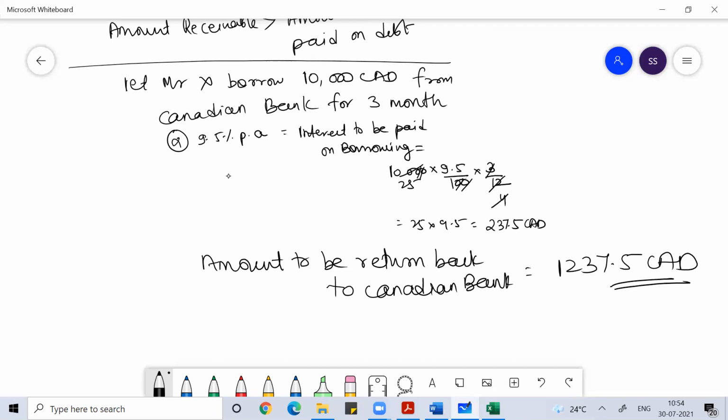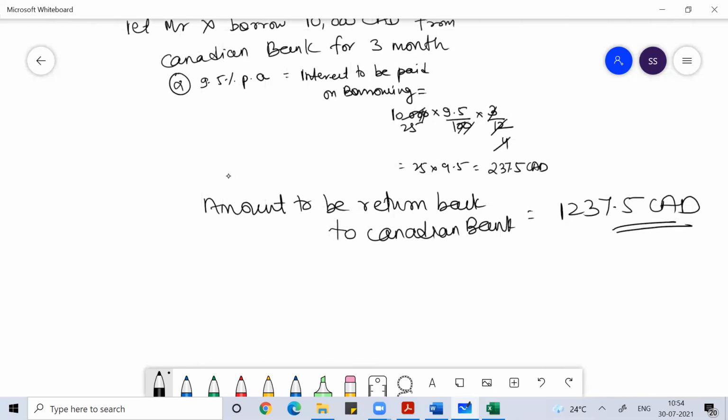Clear, right? So the amount to be returned back to the Canadian bank is this much. Fine, everyone.